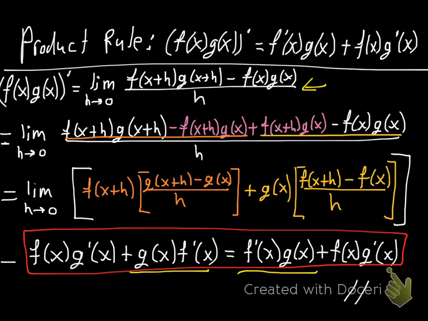You can use either form of the product rule here. You can say it's the first times the derivative of the second plus the second times the derivative of the first. It doesn't matter as long as you have f prime g of x and then f g prime as the sum, you'll be okay.